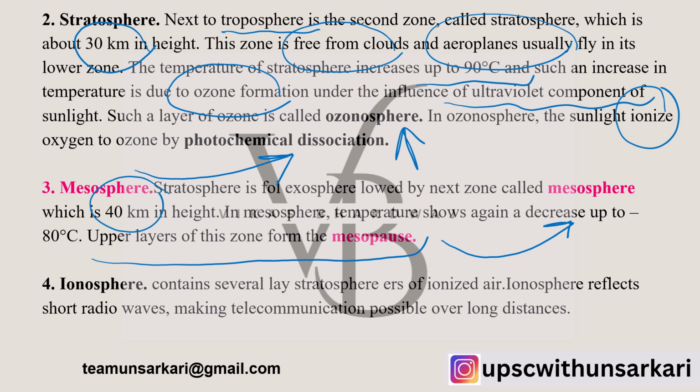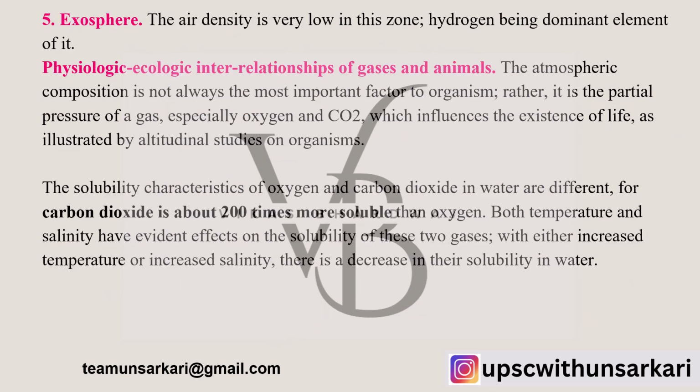There are short radio waves in this sphere which make telecommunication possible over long distances. The exosphere is the sphere where the air density is very low and hydrogen is the dominant element.